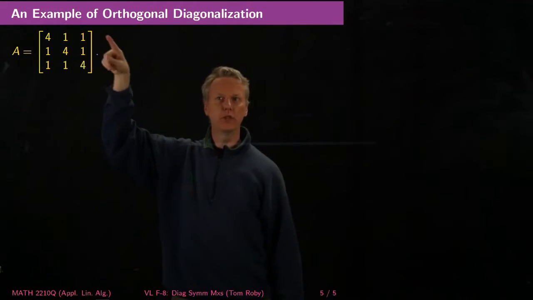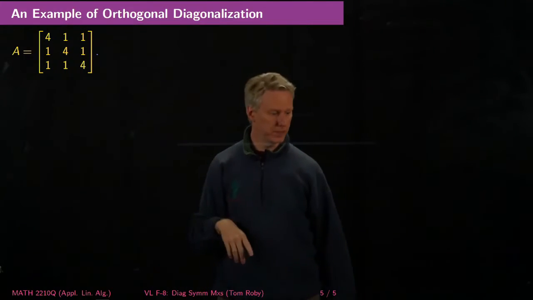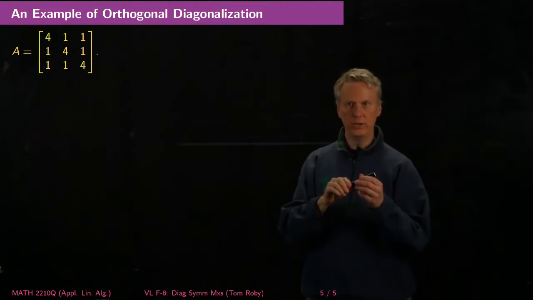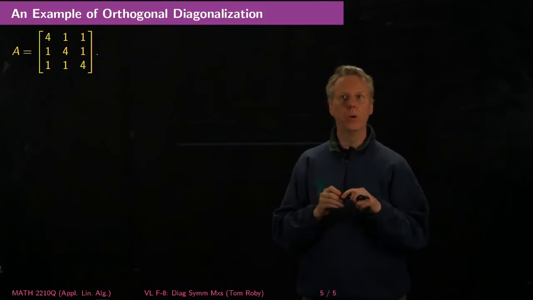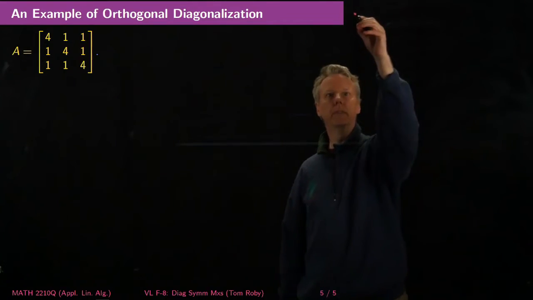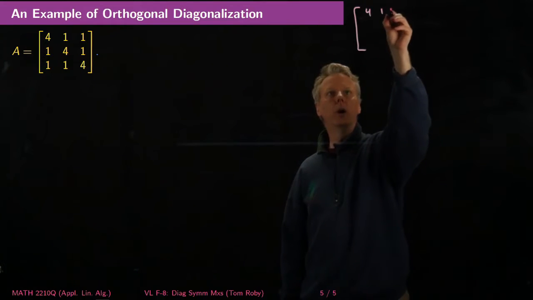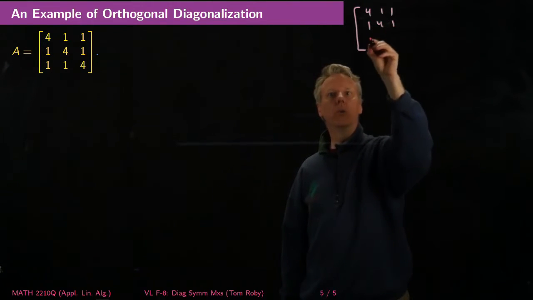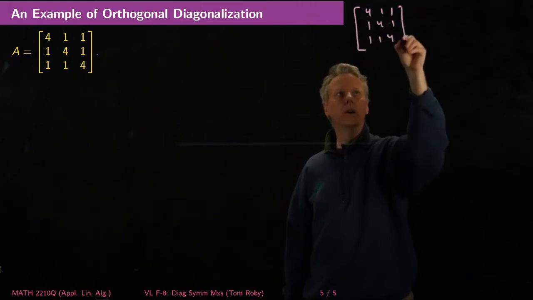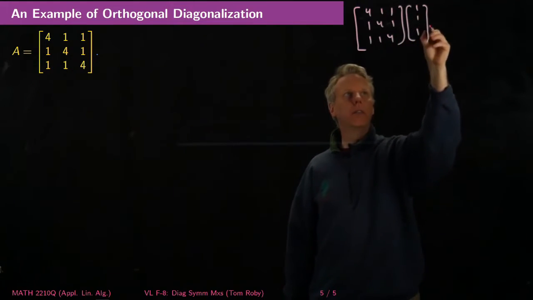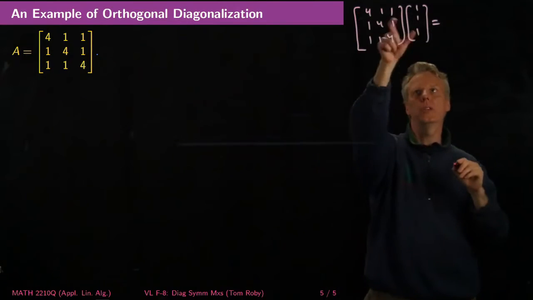So the sum of each row of this matrix is equal to 6. What that means is that if you take this matrix, 4, 1, 1, 1, 4, 1, 1, 1, 4, and you multiply it by the vector 1, 1, 1, that's actually just computing all the row sums of this matrix.